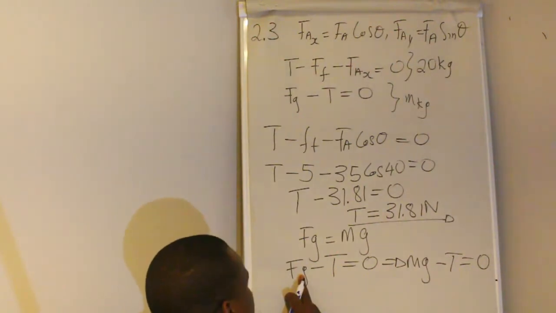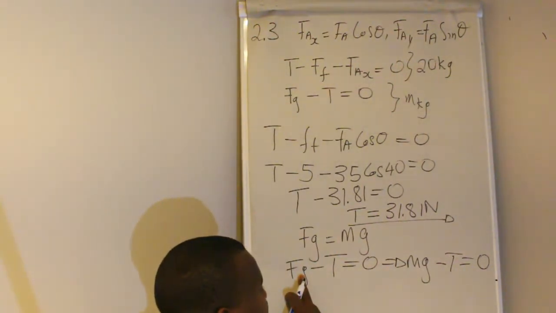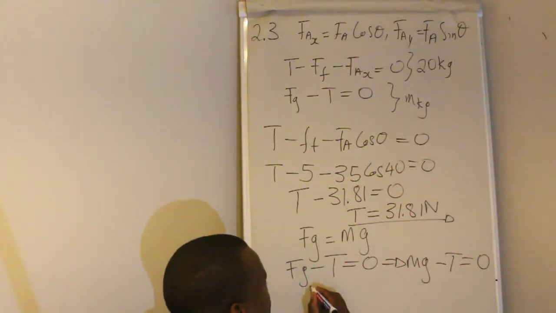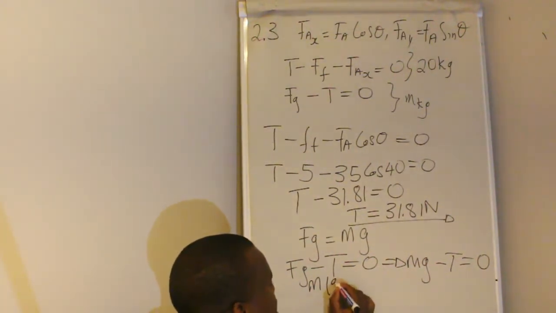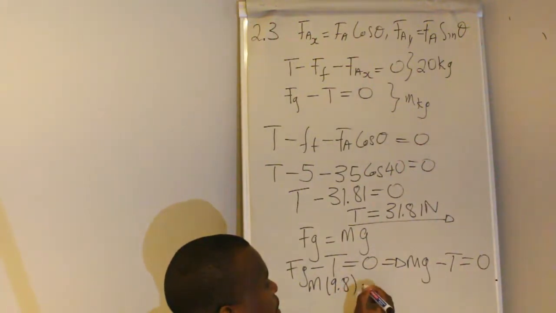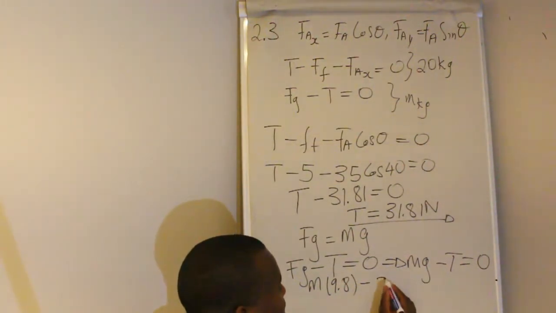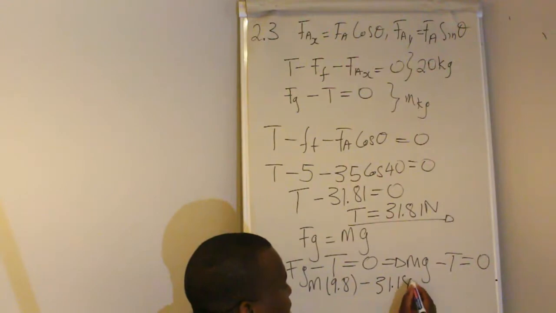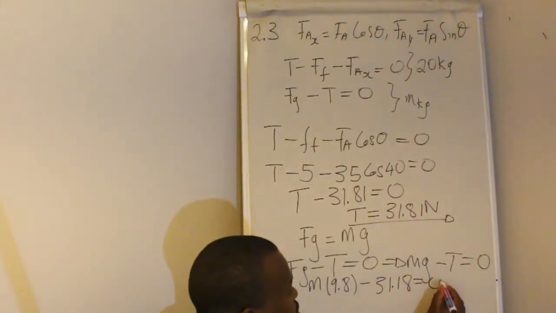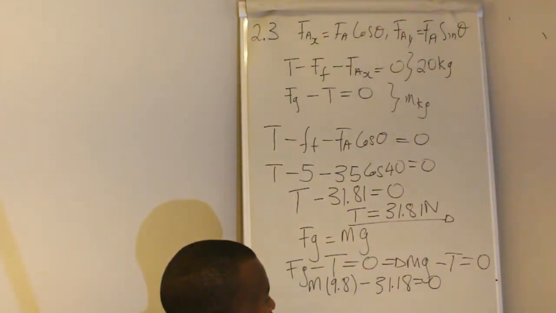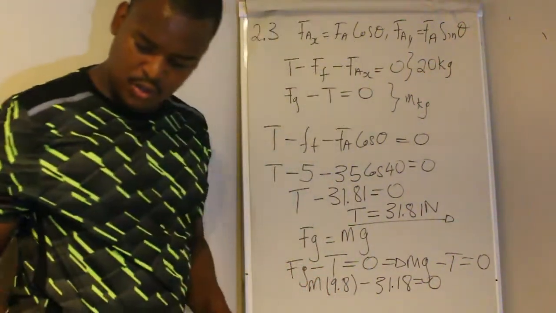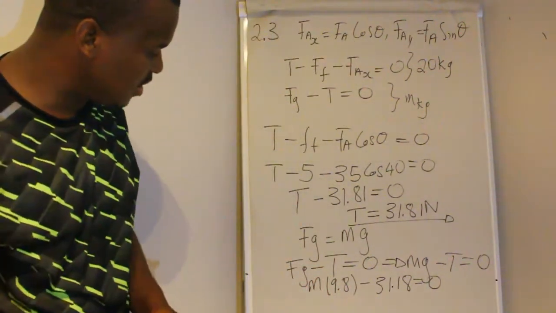This is how you calculate gravity. And then from here, mg: m you don't know, g is 9,8, minus tension, which is 31,81, is equal to 0. So you can proceed with this to the next page.